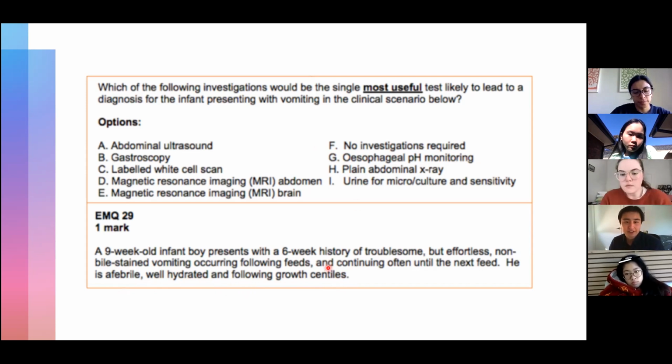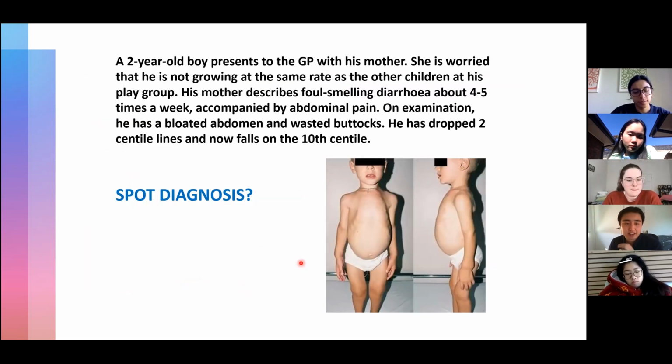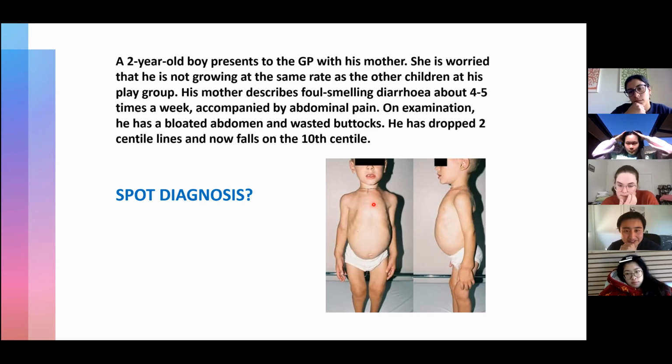So good stuff. Now for our next condition, this is a past exam question. So not the image though, but take a look at the stem and see if you can give me a spot diagnosis. That was fast. Yeah. Good, good. All right. So this condition is your classic celiac disease.